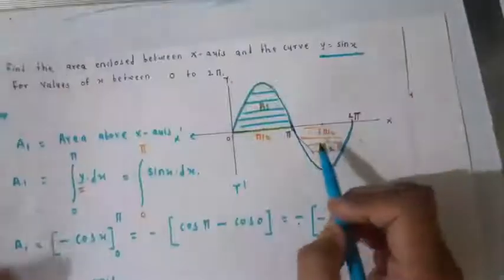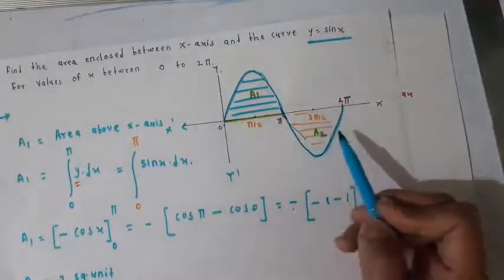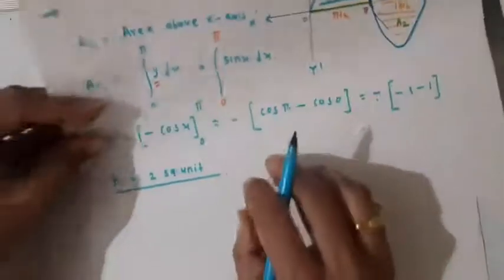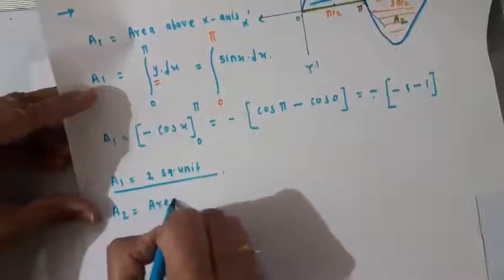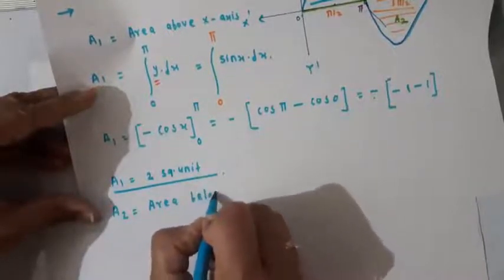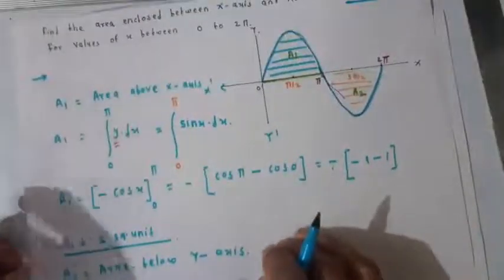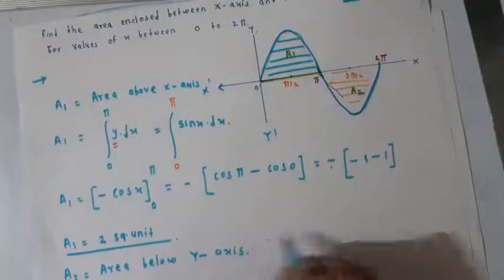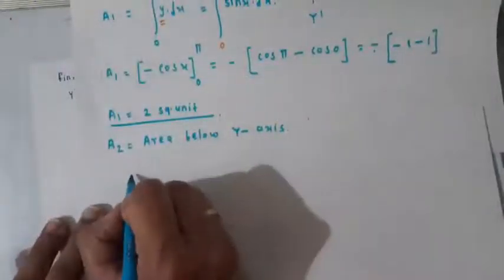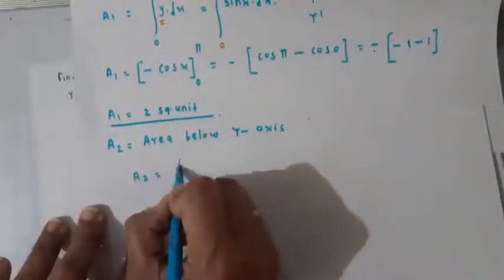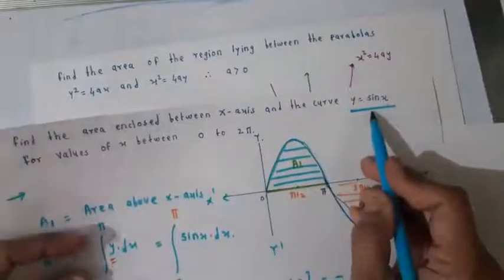Now let us find out the area of the other part of the curve, that is the curve lying below the x-axis. That means A2, the area below the x-axis, and that is given by A2 equals y with respect to x, because y is a function of x, y equals sin x is given.